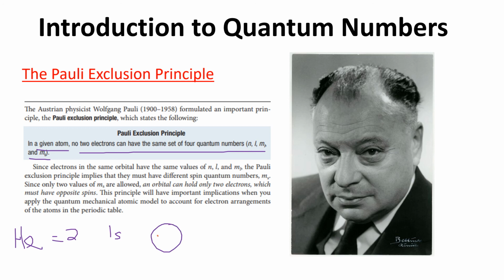It's got 1 electron here and 1 electron here, 2 electrons in this shell. What this principle tells us is that to differentiate between these 2 electrons, this one arbitrarily has a spin of plus a half, and this one has a spin of minus a half. That is the only difference between these 2 electrons. This will allow us to put 2 electrons in every shell. Again, that's something we're going to focus more on in the next section.